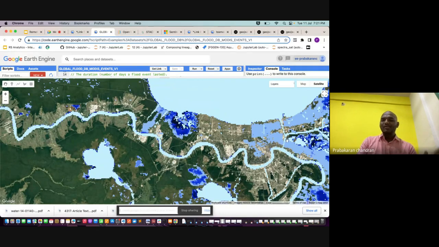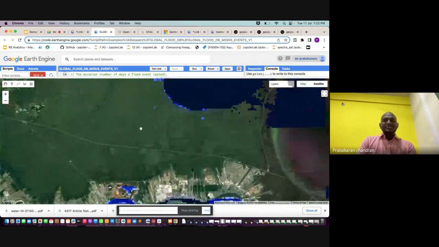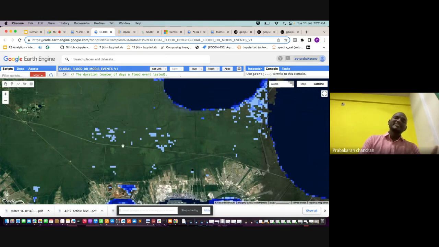This pale bluish color is the place where the flood is affected. For example, in this particular area, these are the floods which are kind of scattered.